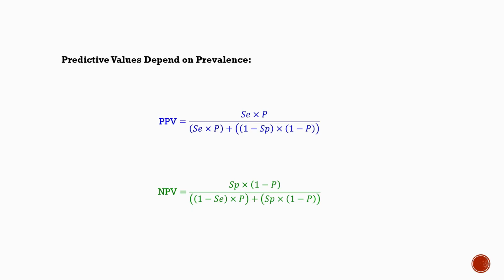So positive predictive value is equal to sensitivity into prevalence divided by sensitivity into prevalence plus 1 minus specificity into 1 minus prevalence. And negative predictive value we can calculate as specificity into 1 minus prevalence divided by 1 minus sensitivity into prevalence plus specificity into 1 minus prevalence. So we can calculate predictive value when prevalence, sensitivity and specificity are given.